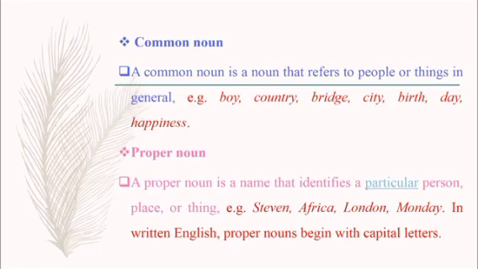A proper noun is a name that identifies a particular person, place, or thing. Examples: Stephen, Africa, London, Monday. In written English, proper nouns begin with capital letters.